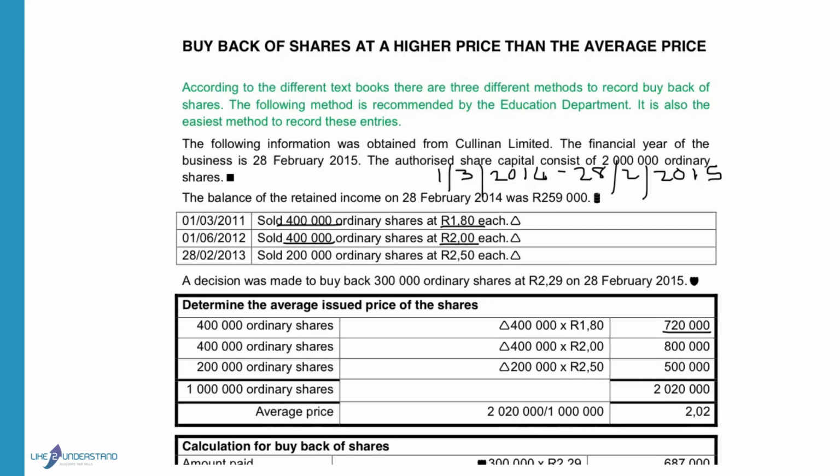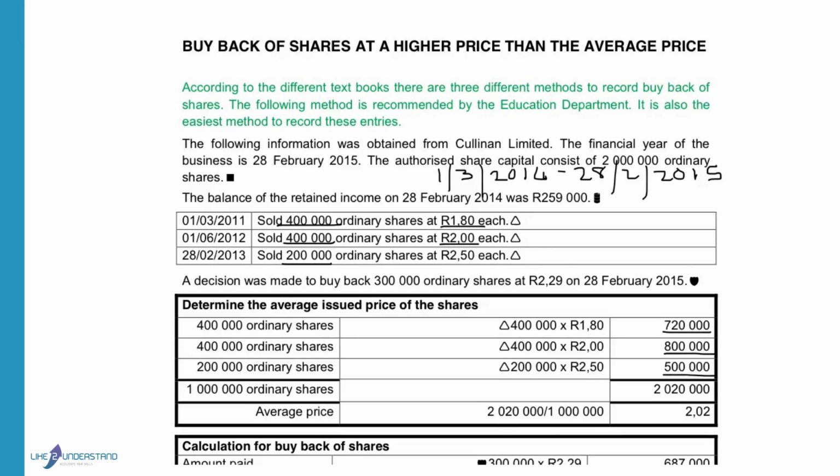So 400,000 times 2, the capital provided was 800,000. If we look at the next date, 28 February 2013, it's before the current year, so it is also part of the opening balance. So we sold 200,000 at R2.50 each, that gave me 500,000 Rand.